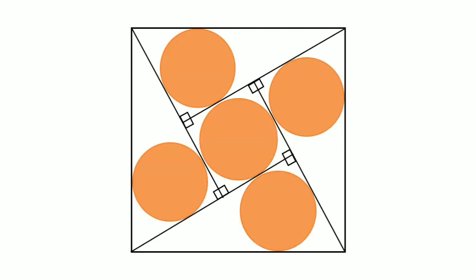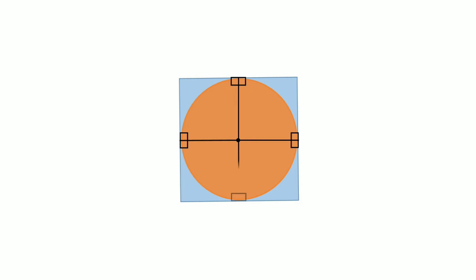Now here is our figure and we need to focus on this rectangle. Let's call this with the center of the circle. First draw the lines to the tangential points. We know that this figure is a rectangle, so all the angles are 90 degrees. So these angles are also 90 degrees.